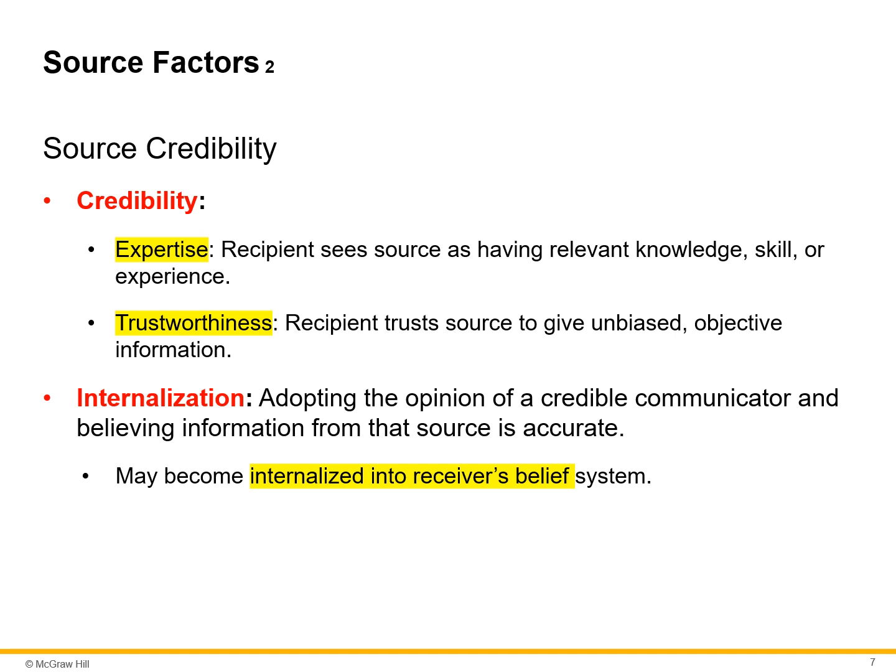Second is trustworthiness. Is the spokesperson trustworthy? The recipient trusts the source to give unbiased, objective information. Can they be trusted to give that? Also, there's the internalization issue. What's internalization? Adopting the opinion of a credible communicator and believing information from that source is accurate.